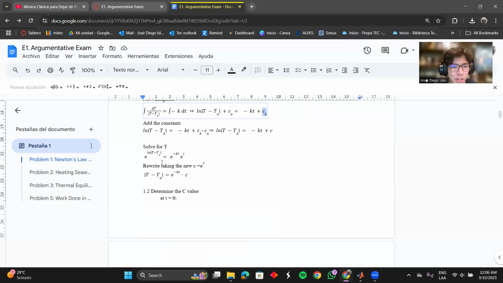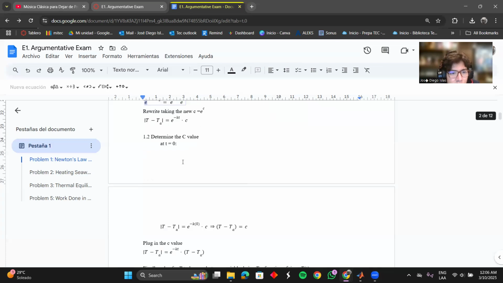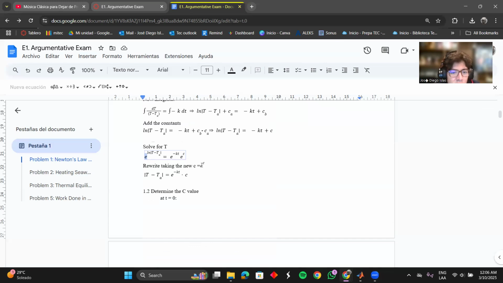So we get e to the power of ln of this, and we have e to the c. To get rid of the natural logarithm, we use this identity. We do it for all of it, and we get this. We know that e to the c is also a constant, so we might as well call it a constant.